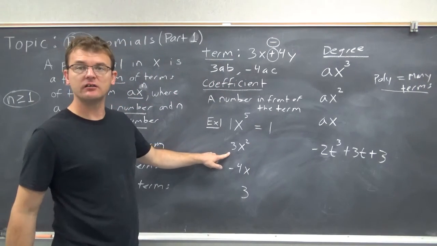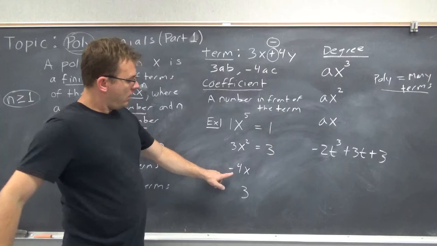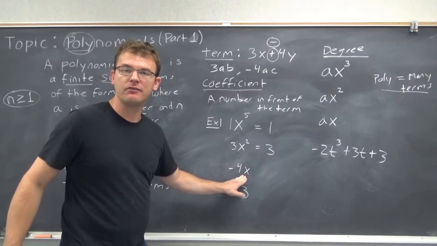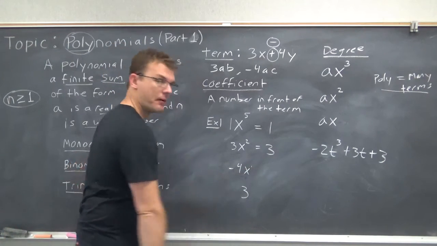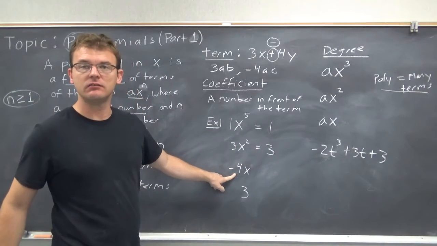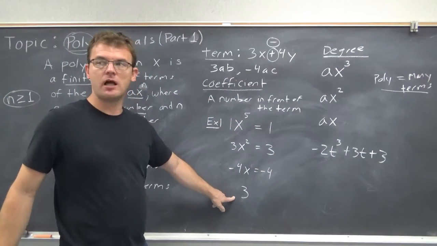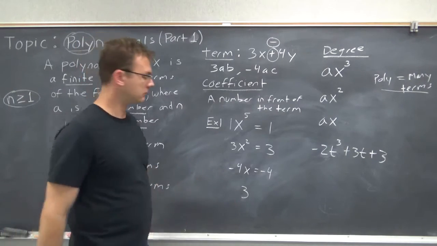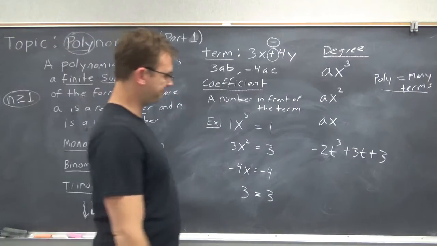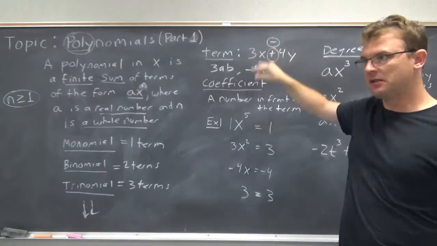What's the coefficient here, 3x squared? 3. Negative 4x, but what power does this one have? Well, there's a 1, remember, but we don't write 1. It's redundant, so take that out. What about just a number of some sort? So 3. It's the number that's in front of all the terms.